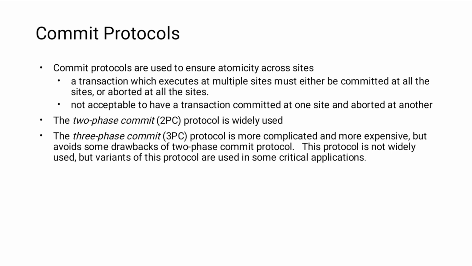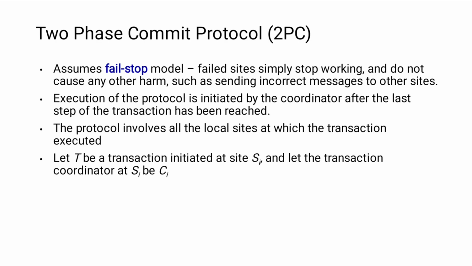Okay, for what purpose do we use the commit protocol? To achieve atomicity. Atomicity means all or none. All steps of the transaction should be done, or otherwise none of the steps should be done. The 2-phase commit protocol assumes the fail-stop model.